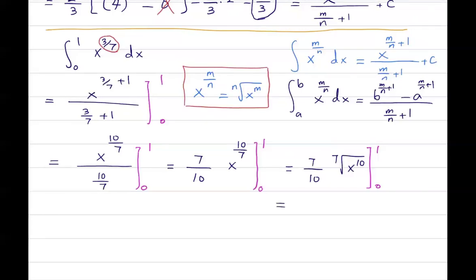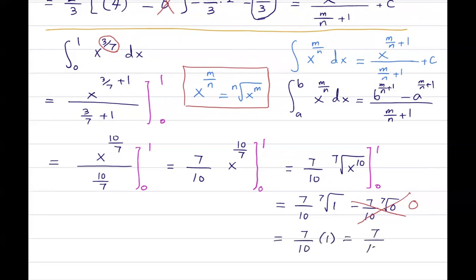So this can be written as 7 divided by 10, and the 7th root of 1 to power 10, which is just 1, minus 7 over 10, the 7th root of 0, which is basically 0 all the time. So this integral is 7 divided by 10 times 1, or 7/10.